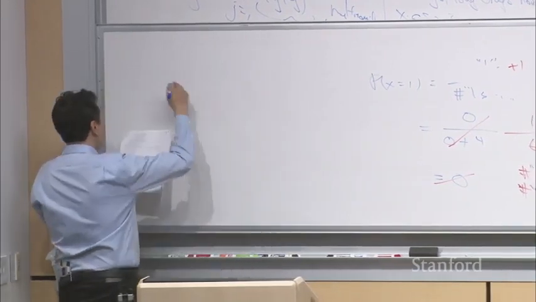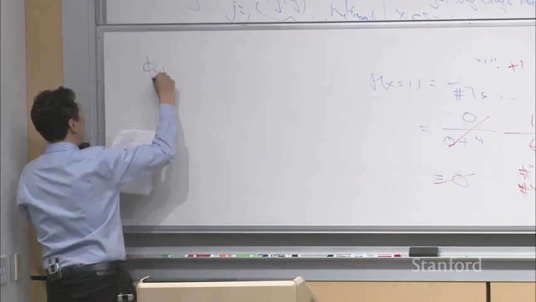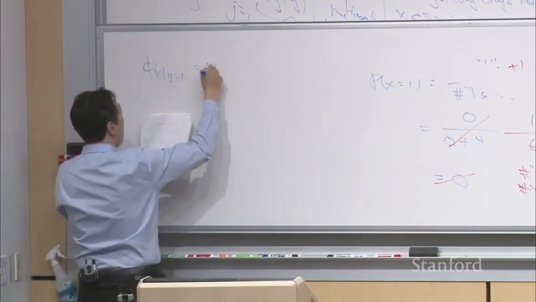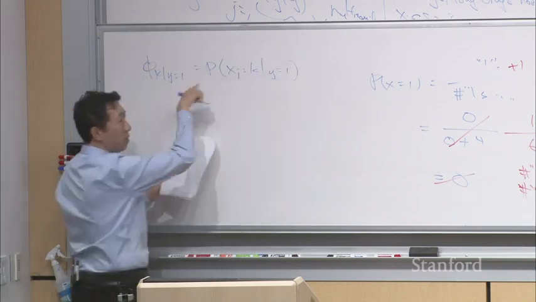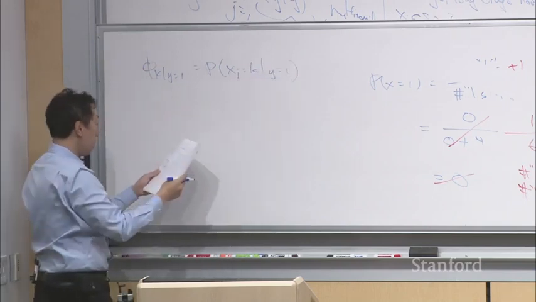And then I wrote down the other set of parameters, which is kind of just this with y equals 1 instead of y equals 0.